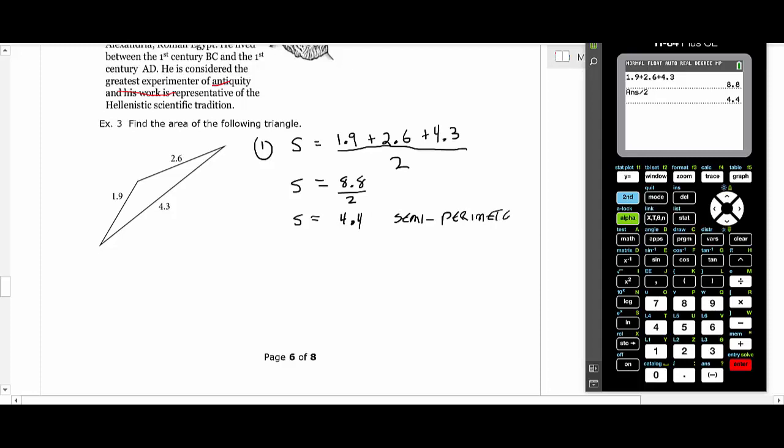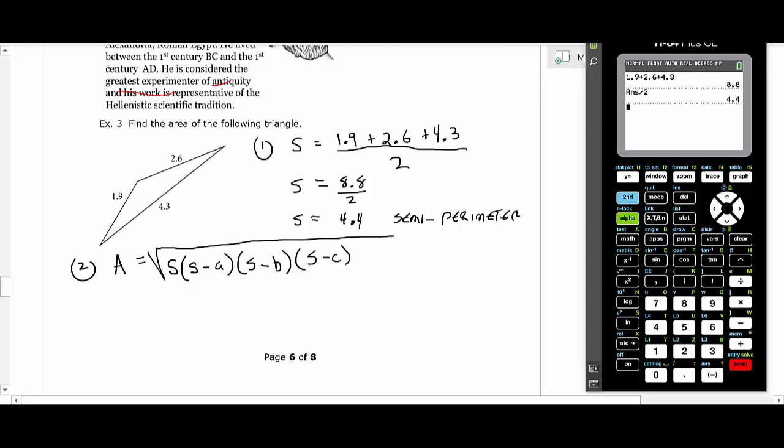Now, Heron's formula goes like this. The second thing is the area is the square root. It's kind of a long formula. You take the semi-perimeter, and then you take the difference of the semi-perimeter and each side. You can pretty well just learn to do this in one or two steps on the calculator. The semi-perimeter goes in several places in your formula.